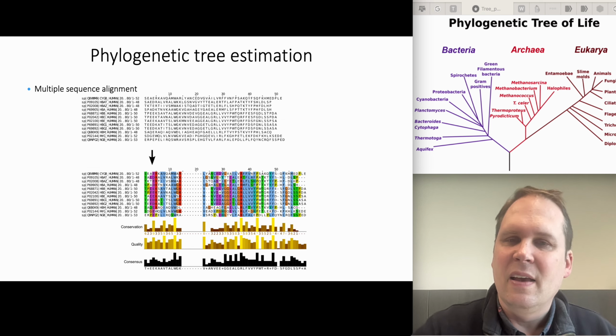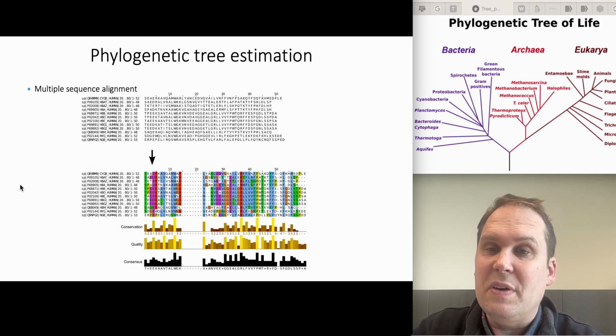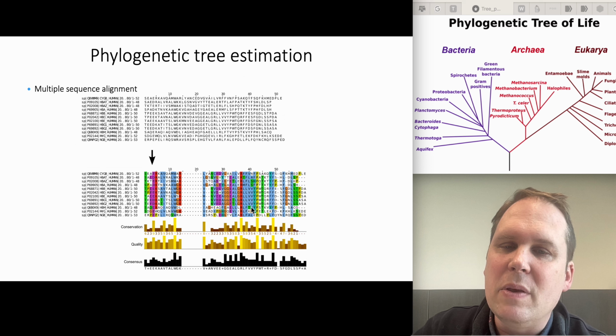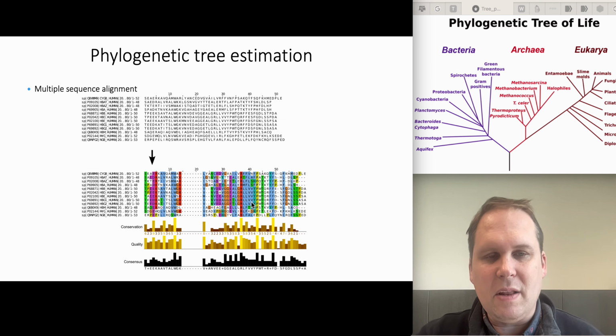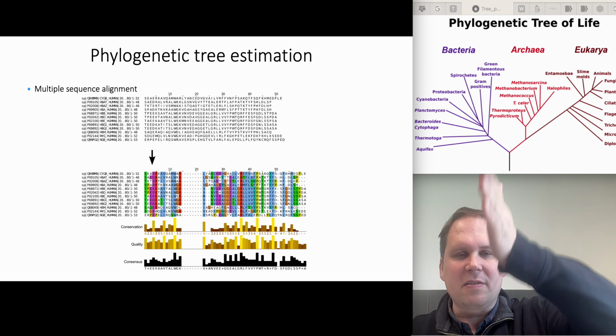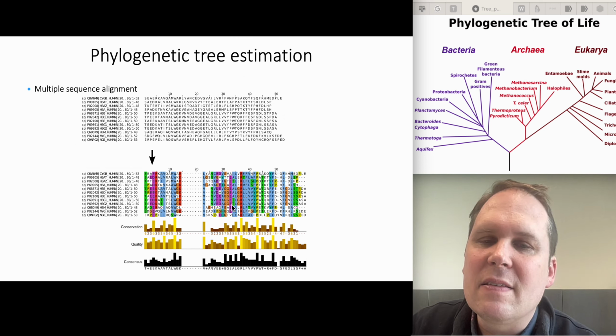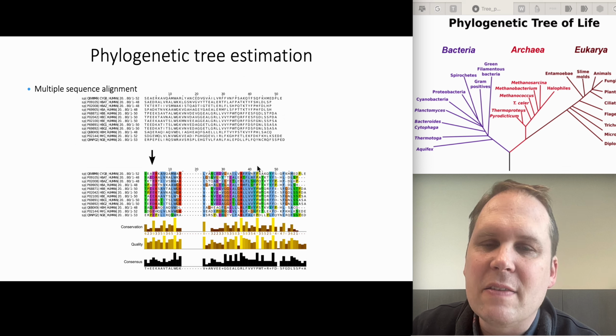Okay, phylogenetic tree estimation. You'll take these unaligned sequences. You can then align them, and so here they are aligned, and look how beautiful they are. So aligning means putting in gaps where you need gaps to make everything that's homologous, that's the same, all the characters stack on top of each other. And so some things like this P and this T seem to be pretty well conserved.